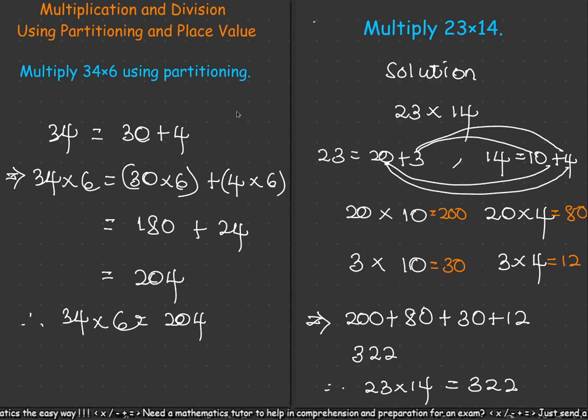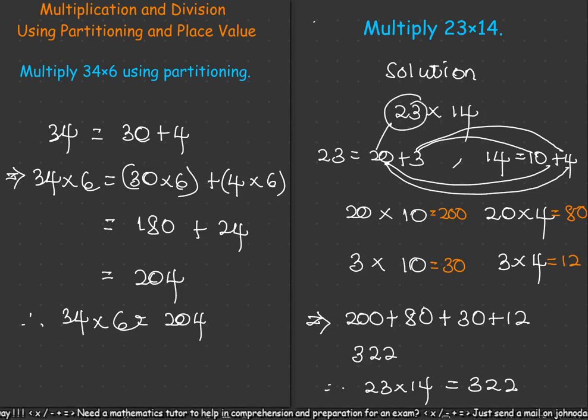All right. So let's pick a last example that has to do with a decimal. But before that, let me quickly go over this again. We have 23 and we have 14. They are all two-digit numbers. So what we want to do is partition this, that is, write it as a sum of the values. The same applies to the other one.